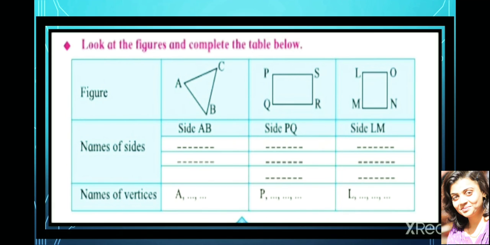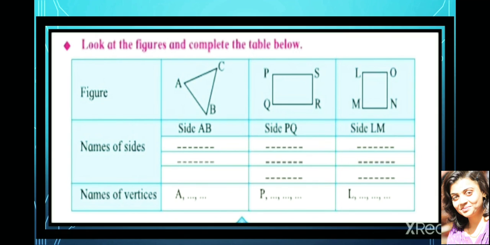If you see the first figure, that is a triangle, and they have labeled the vertices, that is A, B and C. Where you can see ABC, those are the vertices of the triangle. Okay, so what will be the names of the vertices? It will be A, B, C. And names of sides, one they have solved, that is side AB.